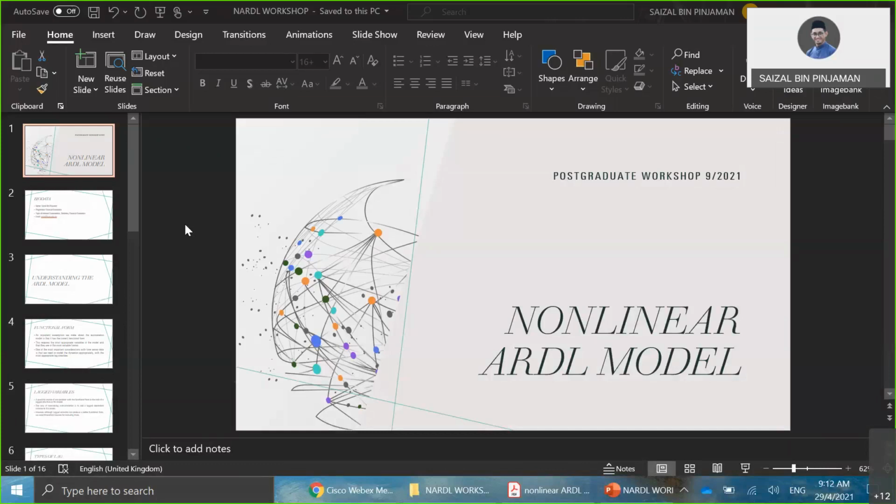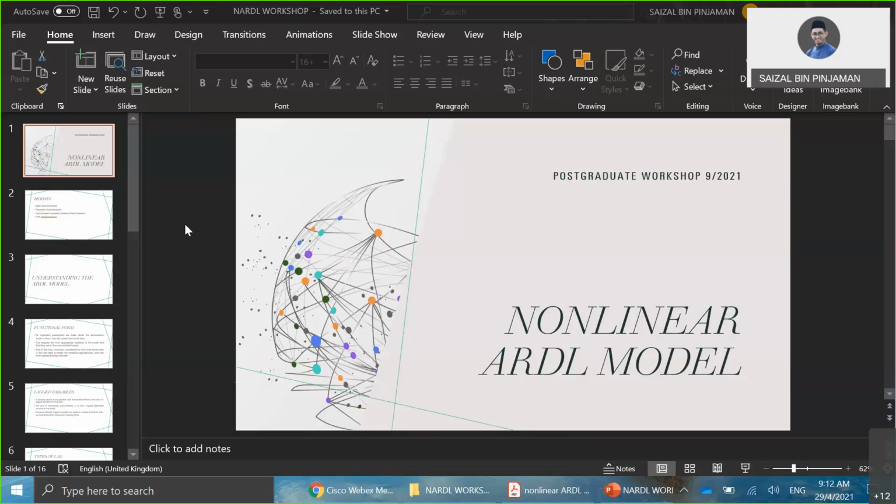So in this particular session, we are going to discuss the nonlinear ARDL model, or nonlinear autoregressive distributed lag model. We are going to separate this session into two parts.